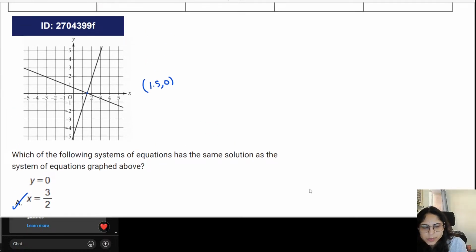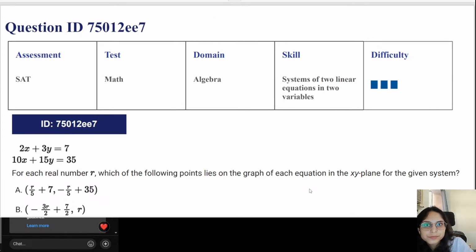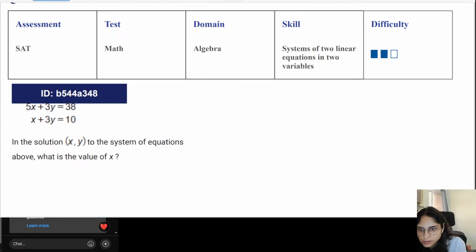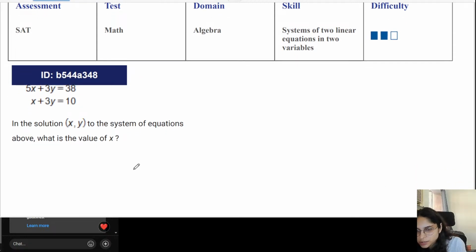Question number 60 is the next one. 5x plus 3y equals 38, x plus 3y equals 10. So here, you can directly solve it because y has the same coefficient.